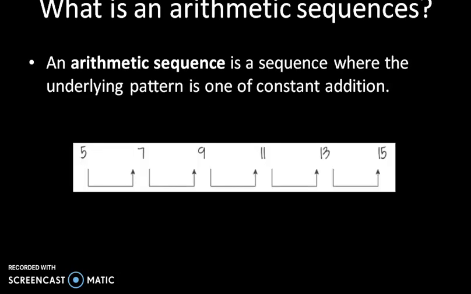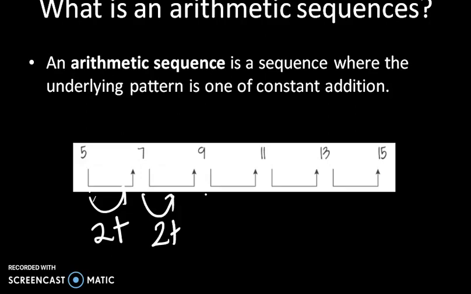So what is an arithmetic sequence, you may ask? An arithmetic sequence is a sequence where the underlying pattern is one of a constant addition. What this means is in order to go from one term to the next, you have to add a constant term. So in this case we add 2, also here 2.